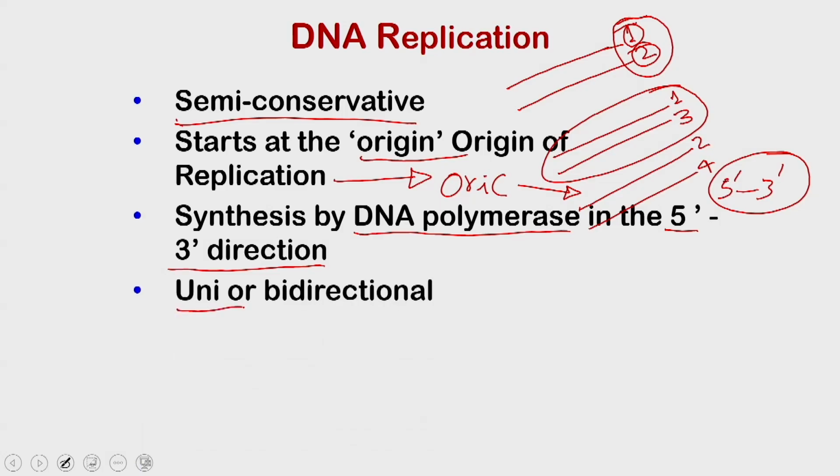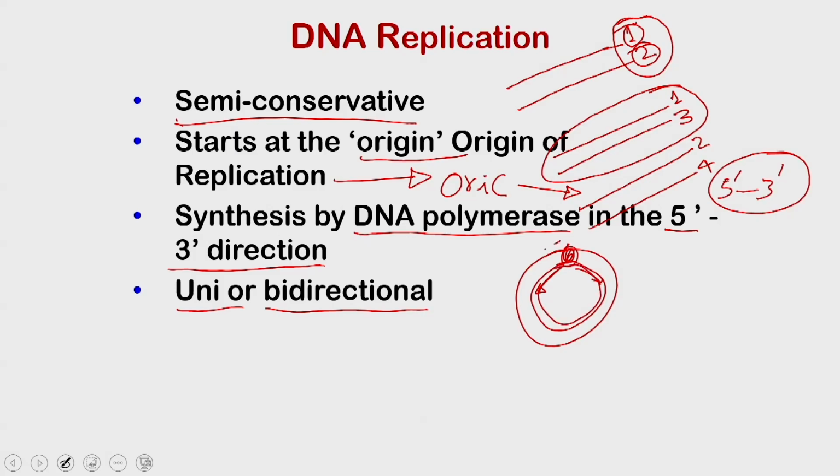DNA synthesis or DNA replication could be unidirectional or bidirectional. It depends on the type of template you have. If it is a circular DNA, for example in the prokaryotic system, you are going to have the origin of replication in the center, and one DNA polymerase will move in this direction and the other polymerase will move in that direction, synthesizing the new strands.